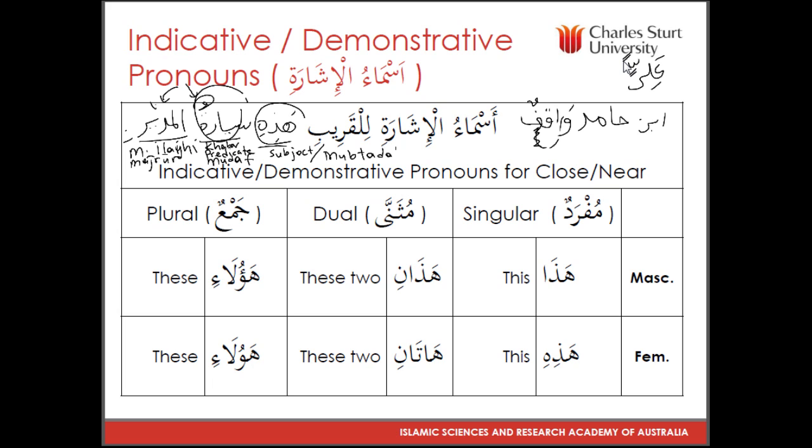It is singular, that's why it is masculine. So double members are feminine, singular members are masculine. Shafatayn is two lips.